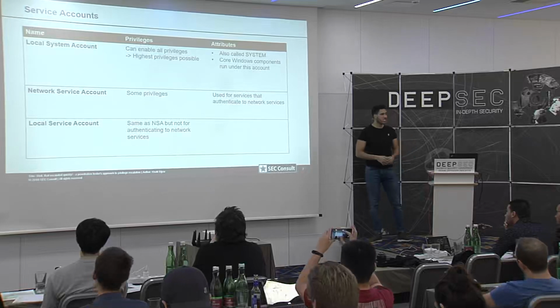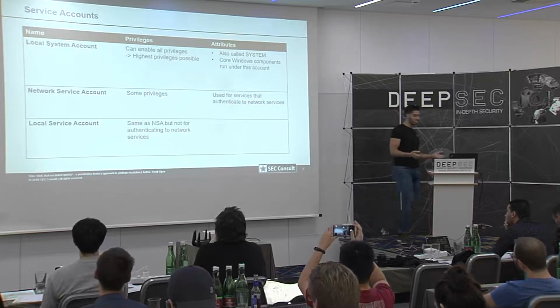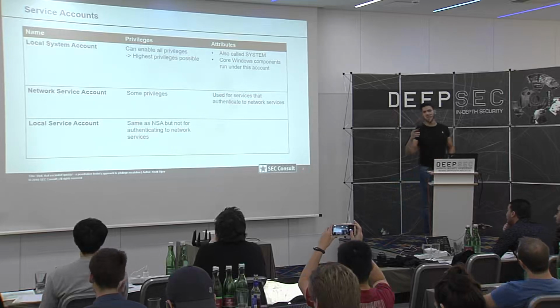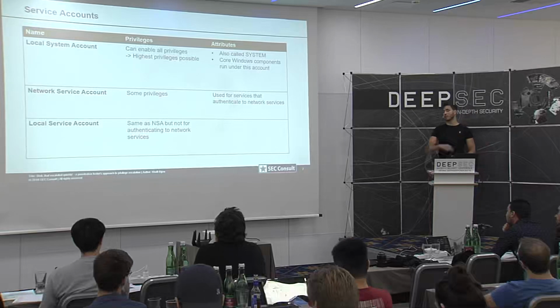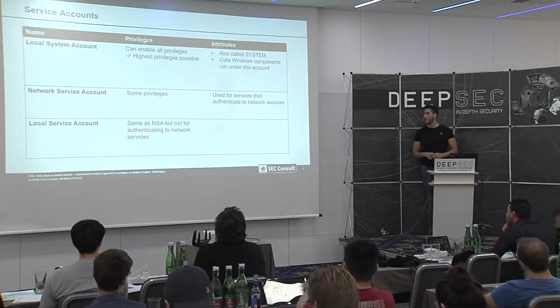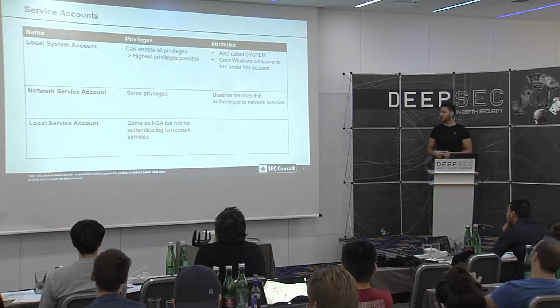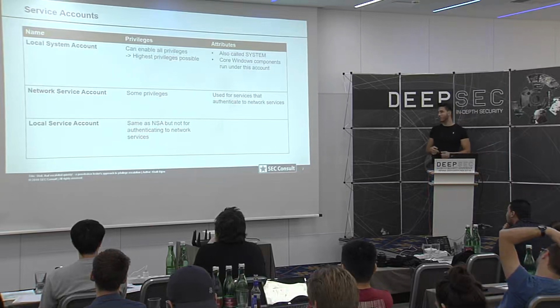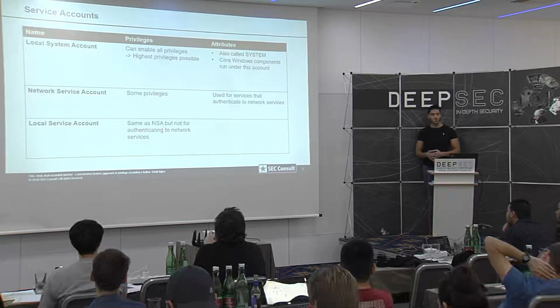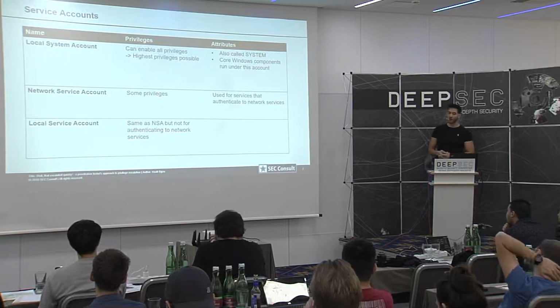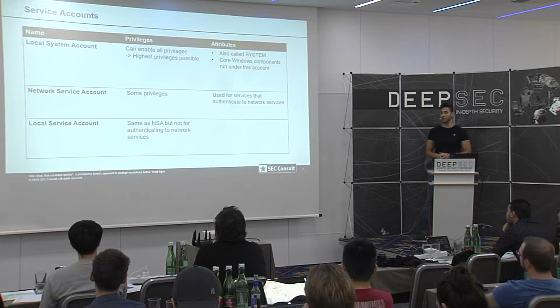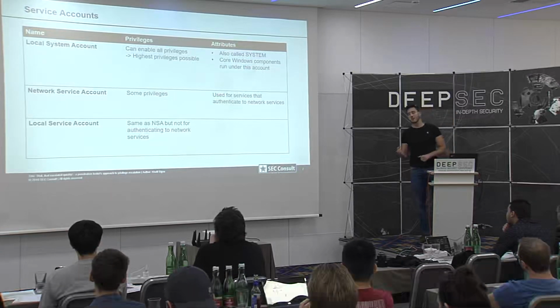This system user has all privileges that you need. Actually, he does not have all privileges, but he has the debug privilege, which allows him to give himself every privilege. Then you have the network service account, which has some privileges, but is very useful also to get to system. And you have a local service account, which has the same privileges as the network service account, but cannot be used to authenticate to network services.